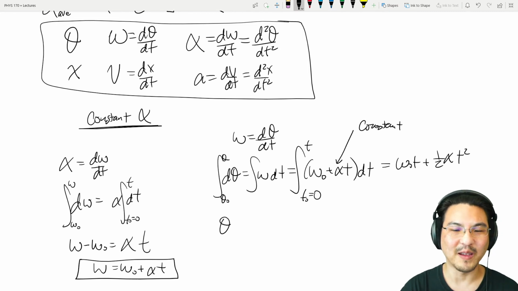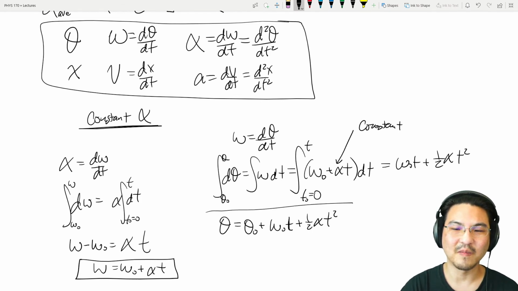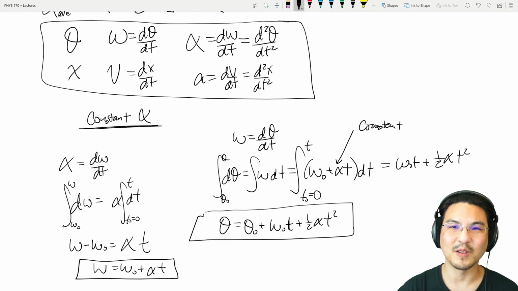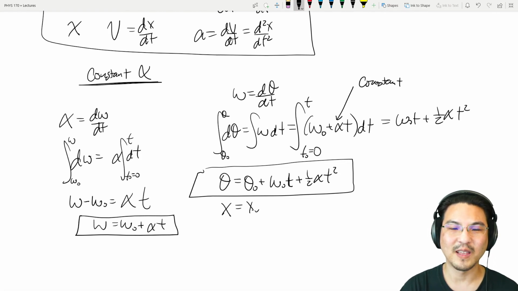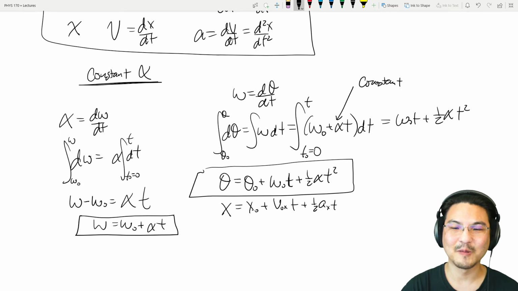And so what we have is this, which should look super familiar, right? For something moving in a straight line, say in the x direction, it would look like this for constant ax, right?